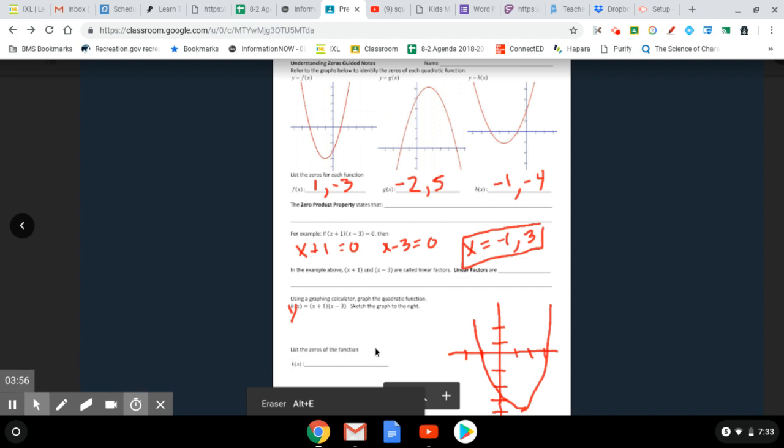Now, when you did graph it, it should have looked basically like this. You can see we're looking for the zeros of the function.